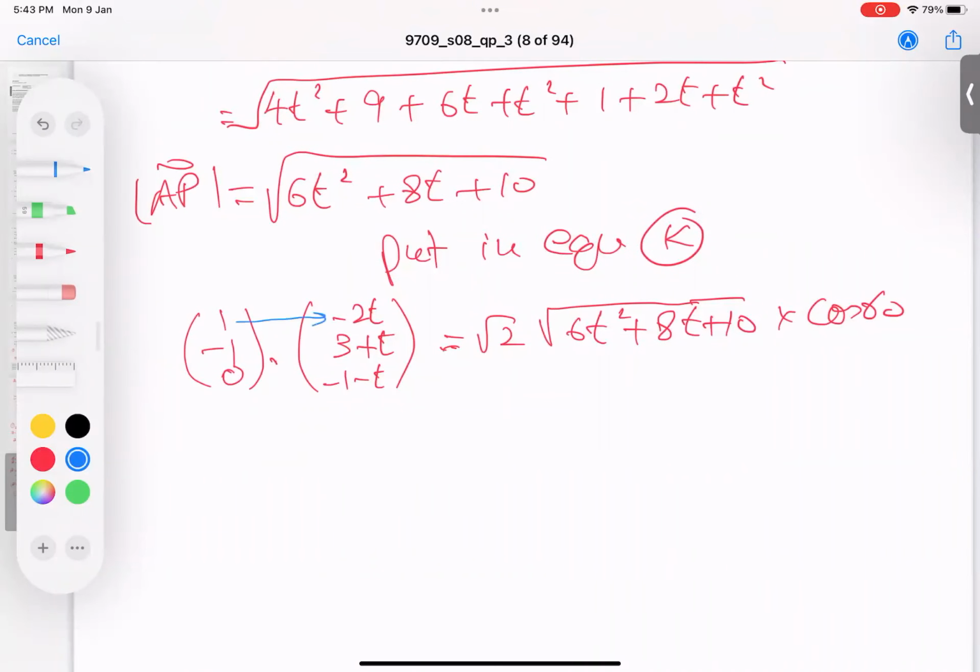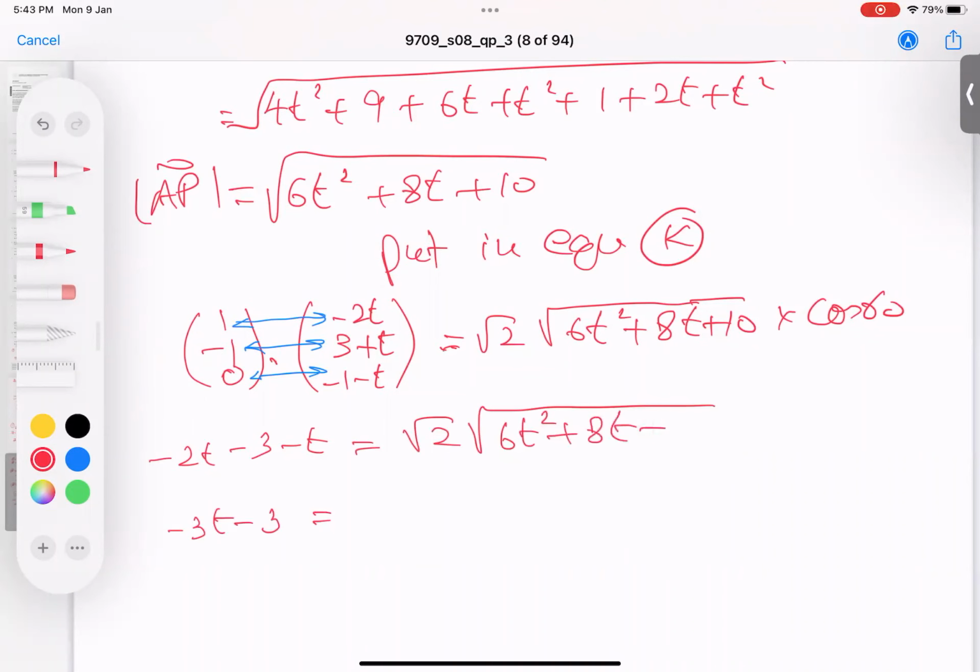The corresponding position values always multiply. You know it very well. So I got negative 2t and 3 into minus 1 is minus 3 and t into minus 1 is minus t. And 0 times something is 0, gone. So ultimately this becomes negative 3t and negative 3. Here root 2, here root 6t to power 2 plus 8t and plus 10. And cos 60 is root 3 by 2.